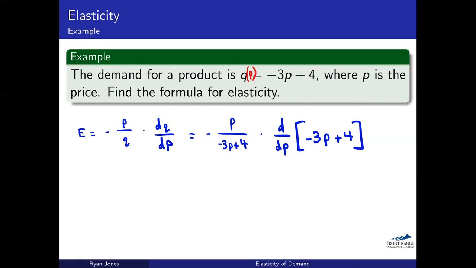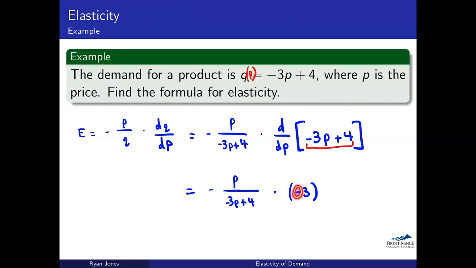Right there. And now we're done with our calculus pretty much. We're done with our business, I should say. We're done with all of that setup. We've looked at our formula here. We've plugged everything in. If we continue on, we have negative P over negative 3P plus 4. The derivative of this negative 3P plus 4 with respect to P is just going to be a nice simple negative 3.